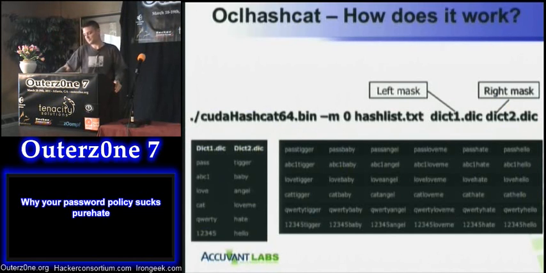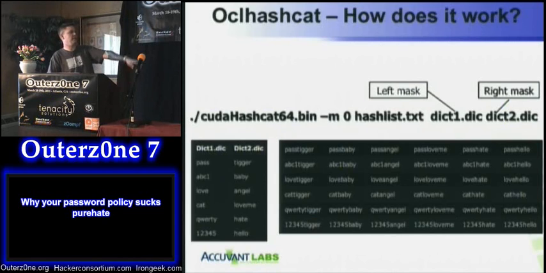What I have here implements what I was talking about earlier, the combination attack. One of the things we can do is take one of our cracked dictionaries that we got from Gawker or whatever, and put one dictionary on the left side and one dictionary on the right side.